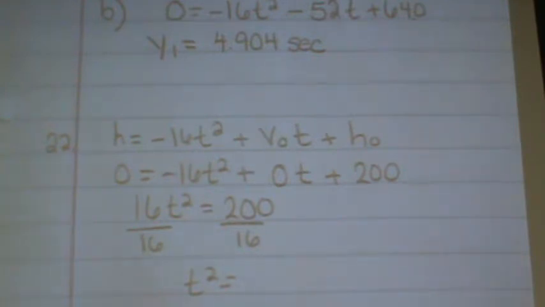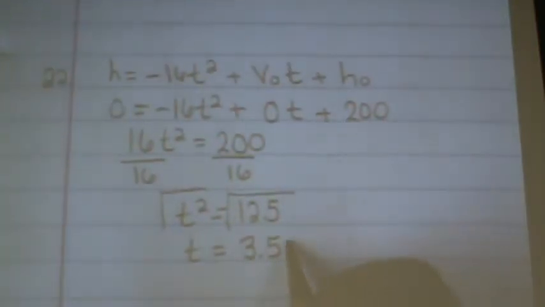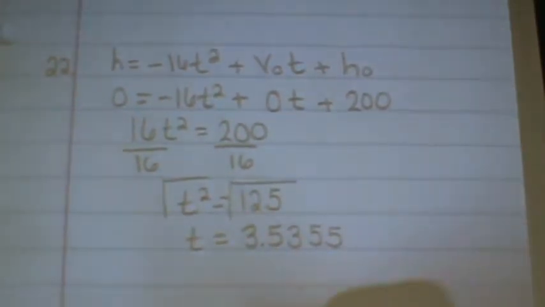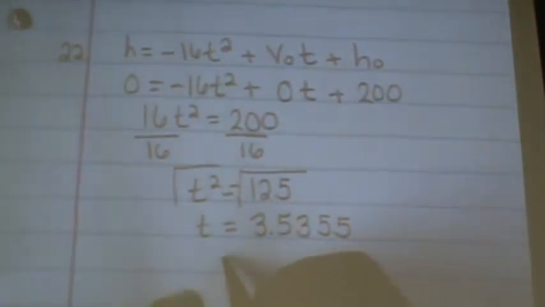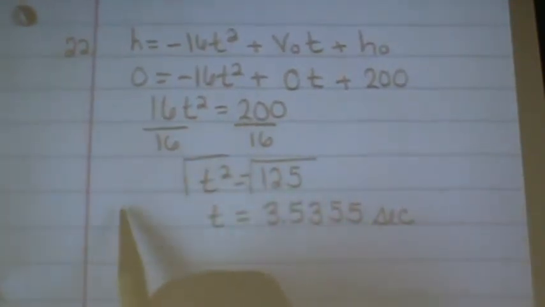You have 12.5 here, and you take the square root, and you end up with t is plus or minus 3.5, but we're going to disregard the negative answer. So 3.5355, and you can round to whatever they tell you to. This is in seconds. That's A.